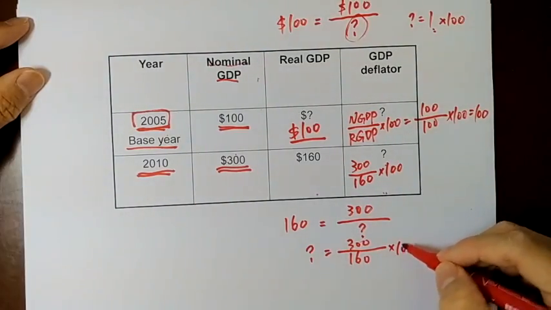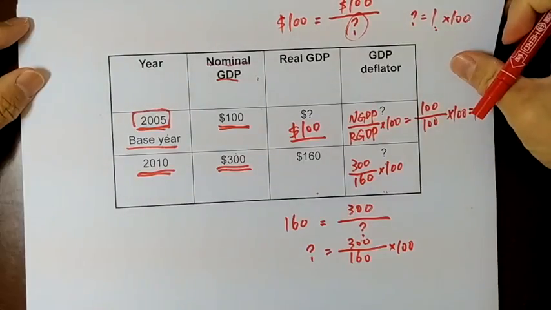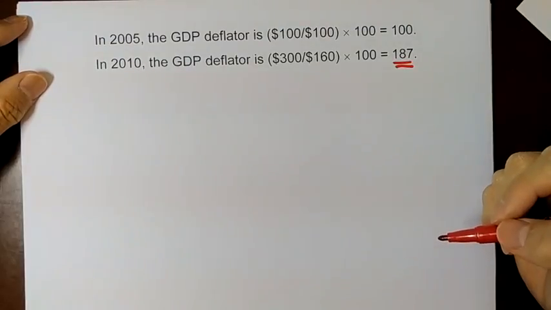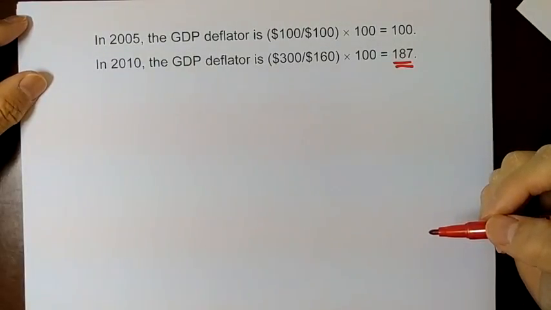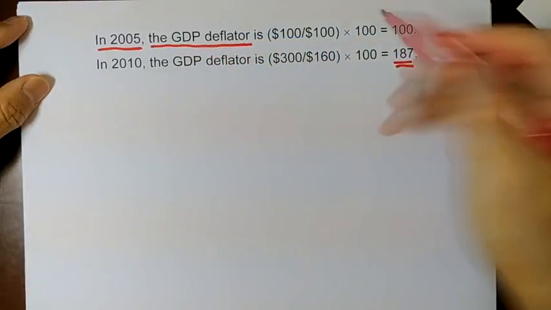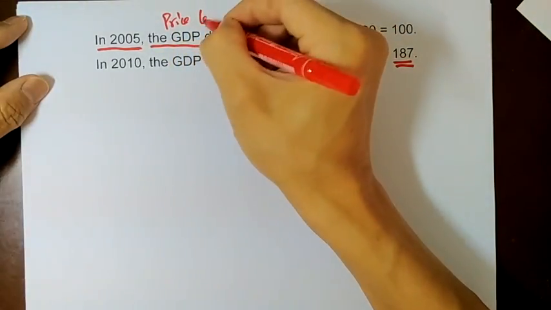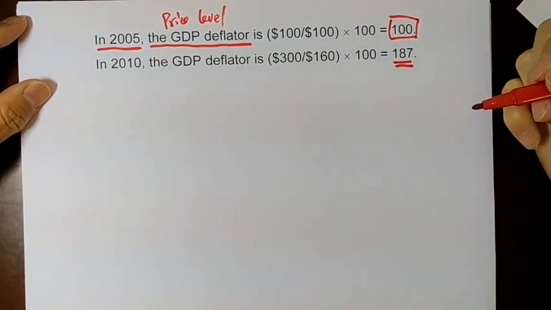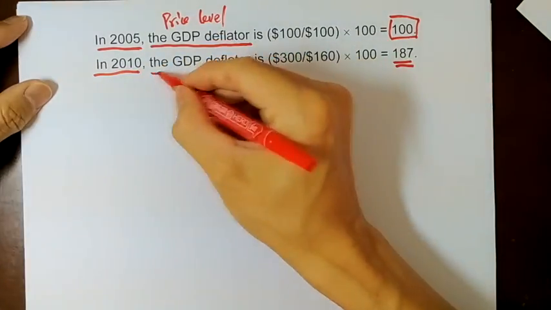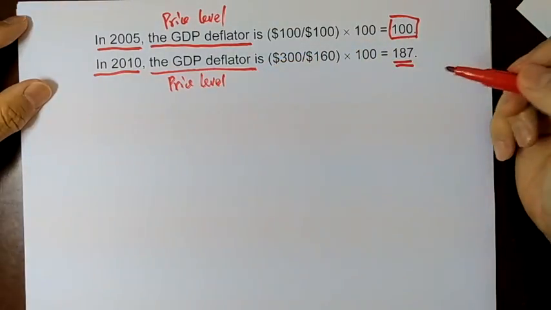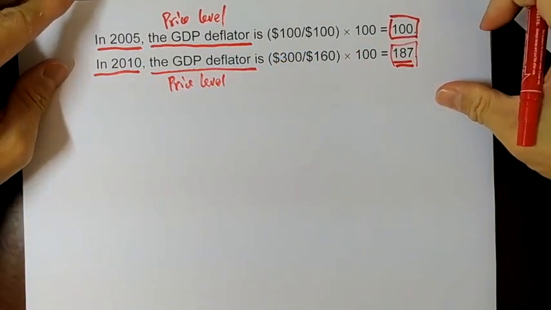And don't forget to multiply by 100. The answer is 187. Therefore, in 2005, the GDP deflator, that is the price level, is equal to 100. In 2010, the GDP deflator, that is the price level, is 187.